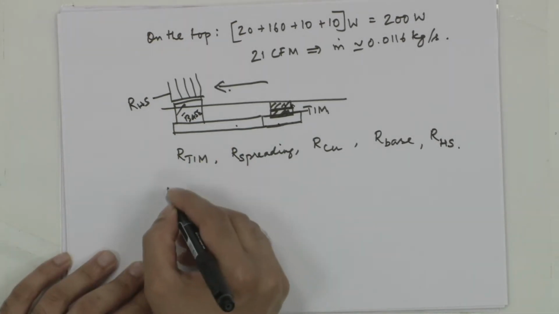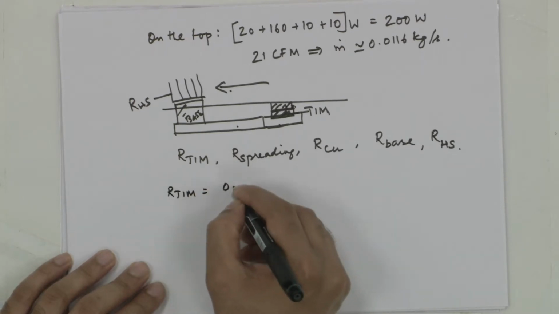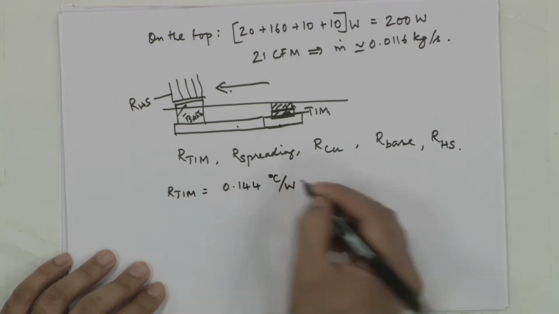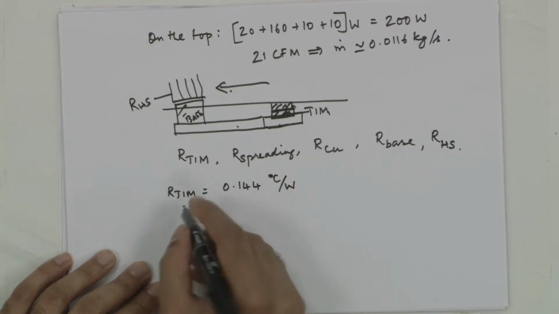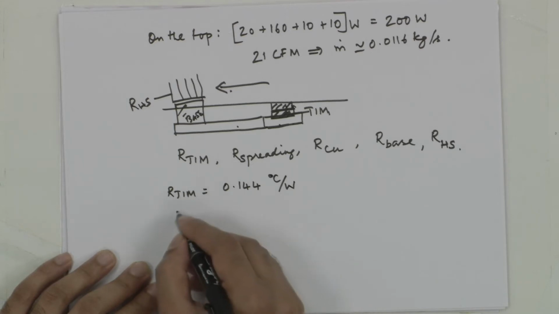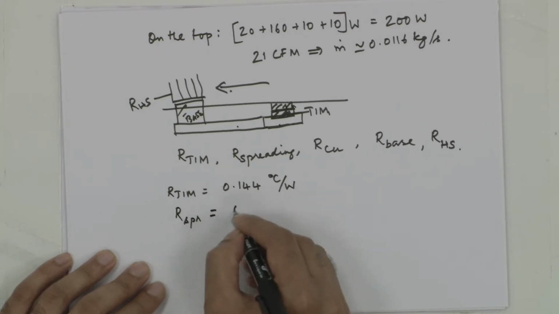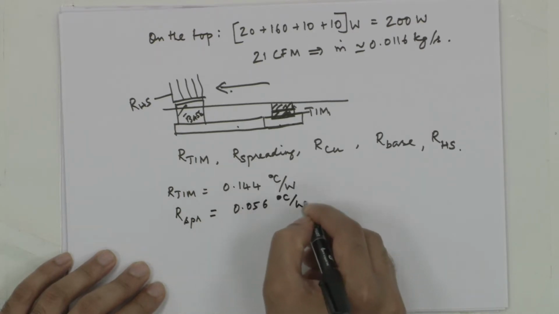If one calculates R_TIM, it is about 1.44 degrees C per watt, and the spreading resistance is about 0.056 degrees C per watt.